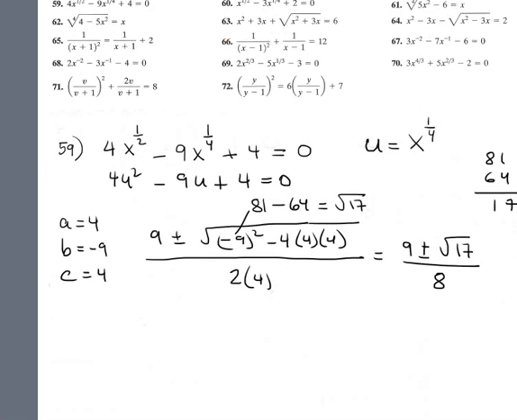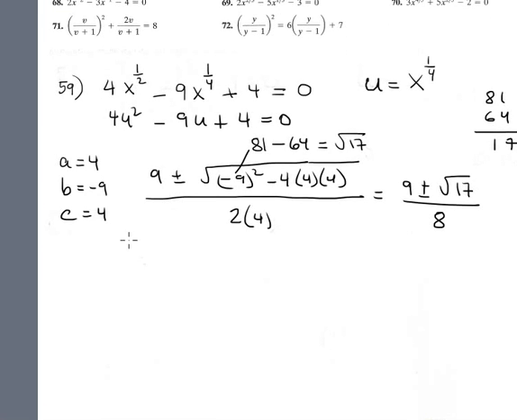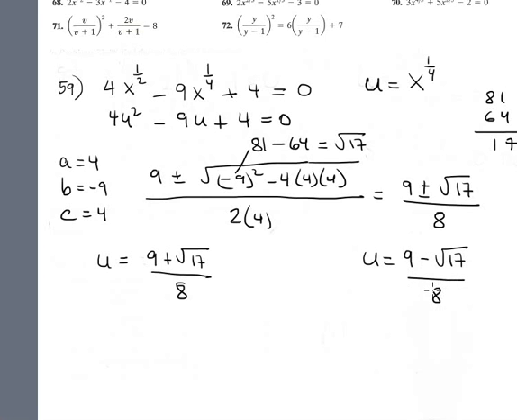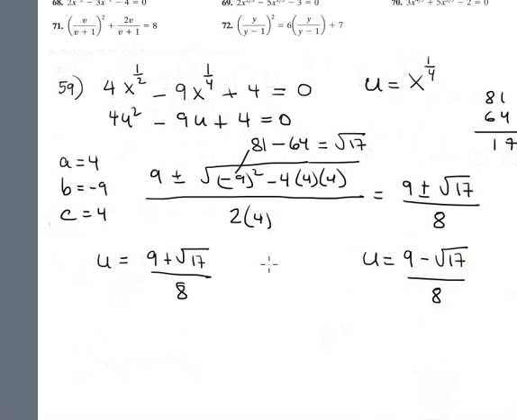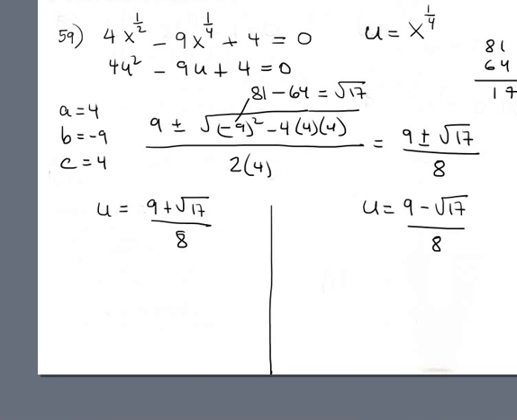Now, this is the value of u. u is equal to 9 plus the square root 17 over 8, and u equal 9 minus the square root 17 over 8. Now I retrieve the value. x to the 1/4 is equal to 9 plus radical 17 over 8.